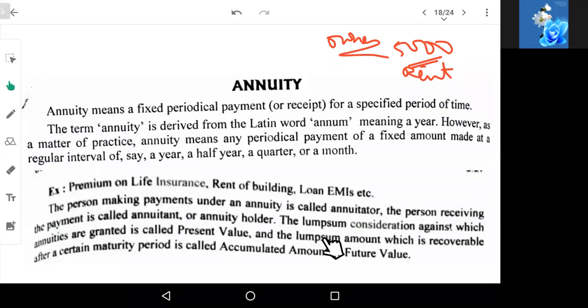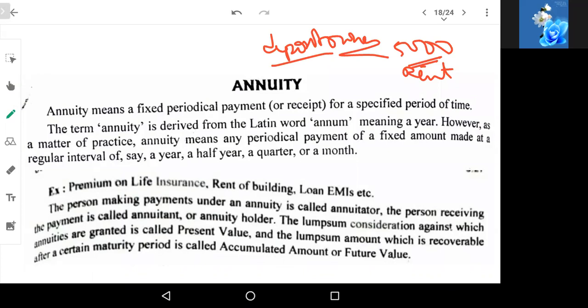And the lump sum amount which is recoverable after a certain maturity period is called the accumulated amount or future value. You might have given a deposit before you get into the rental agreement, right? Now this deposit can be taken back. That will become the future value.